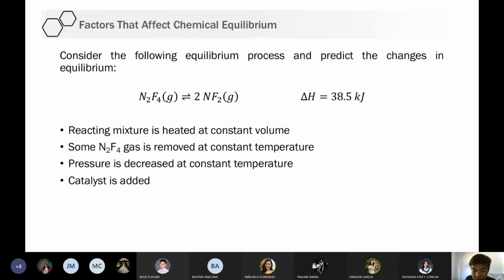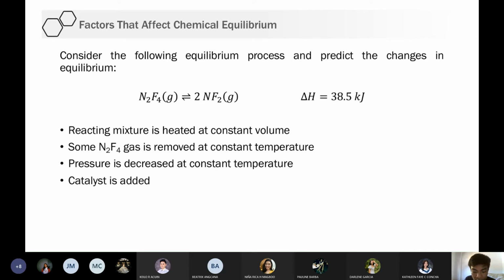Let's try some examples here. For this reaction, N2F4 in equilibrium with 2 moles of NF2, delta H is 38.5 kilojoules. What is the answer to the following questions?